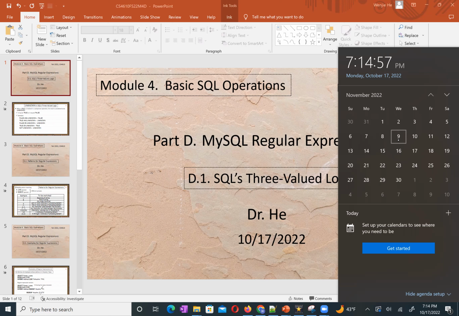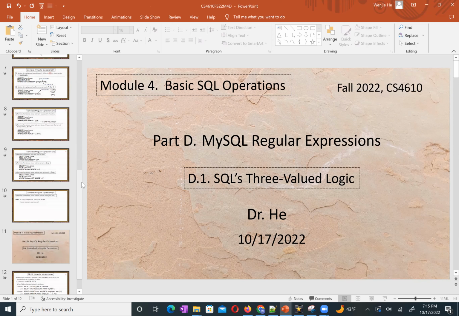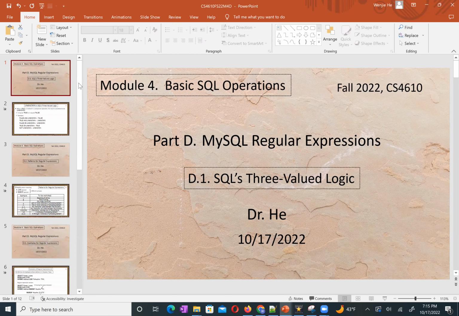Before we start preparing for the midterm, you need to do another assignment. So that's the midterm. Several students from 3 of my classes asked me about the specific dates. All right, so let's start.